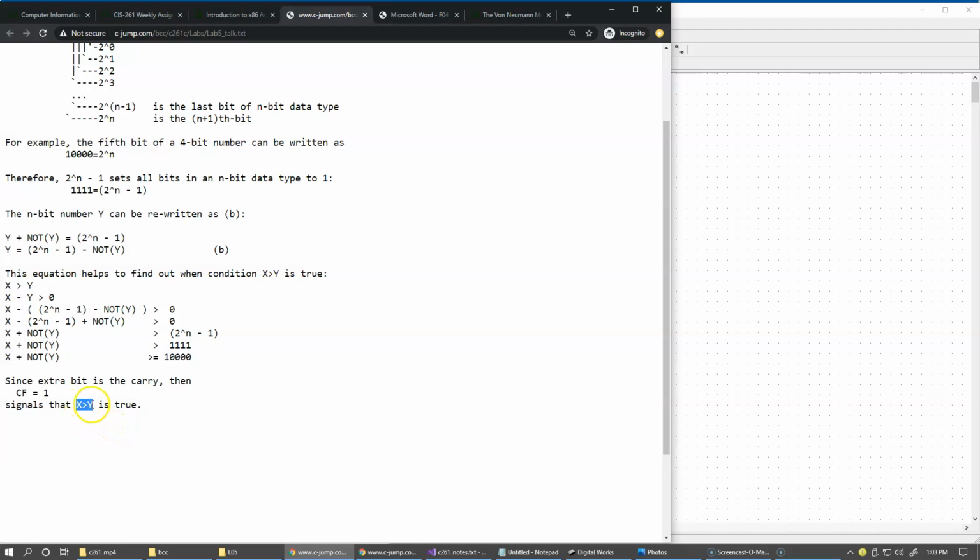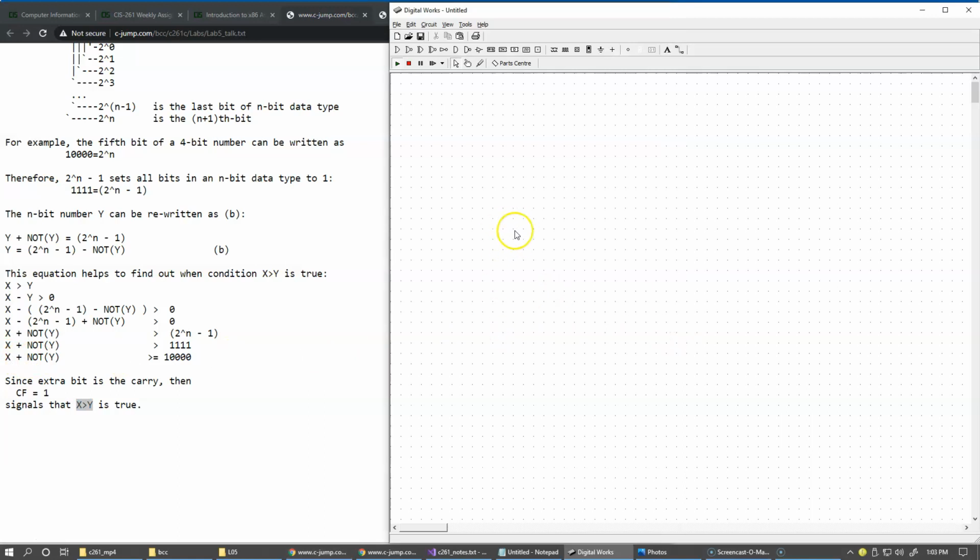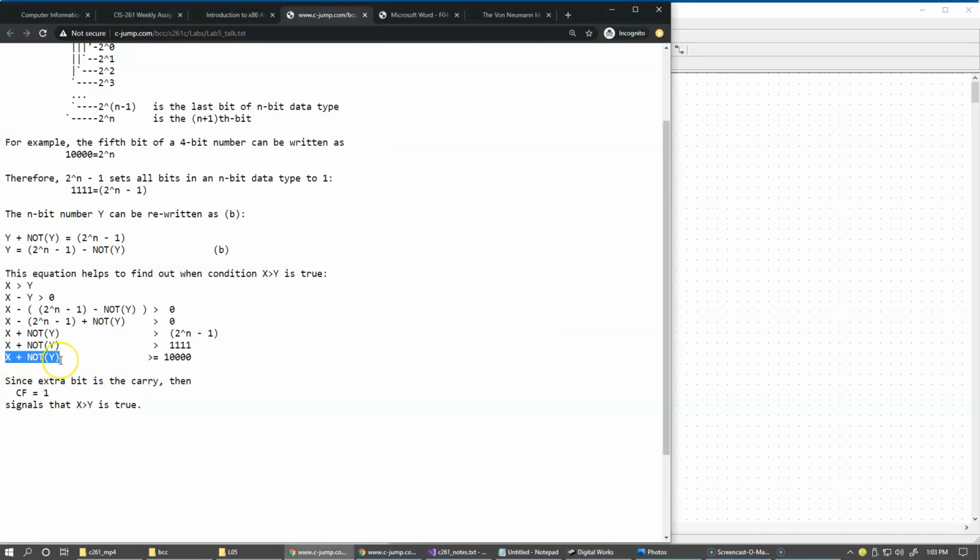So this is an interesting observation. We can now start working on a circuit that would implement x plus not y, and then detect a carry flag and be able to conclude that x is greater than y, and then we can actually revisit other cases where x is less than y or equal to y.